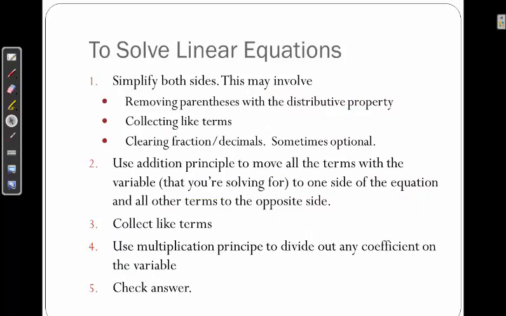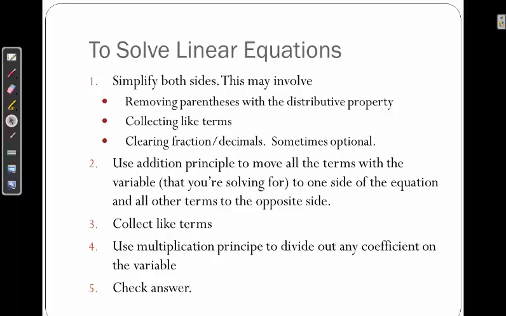So our process to solve linear equations is that we simplify both sides of the equation, and that may involve several things. We might have to remove parentheses, we might have to collect like terms, we'll probably have to do that. We might have to clear fractions or decimals. That's sometimes optional, sometimes not.